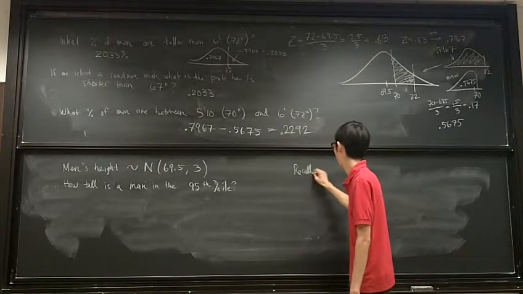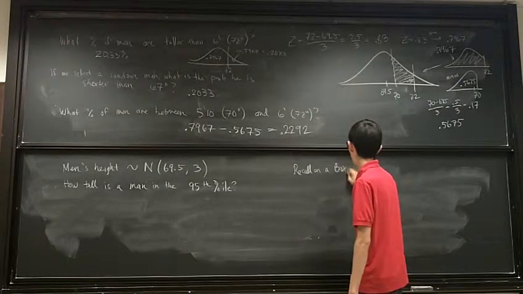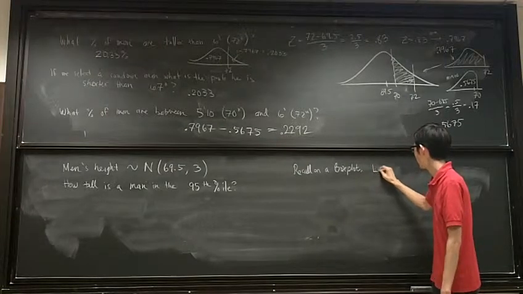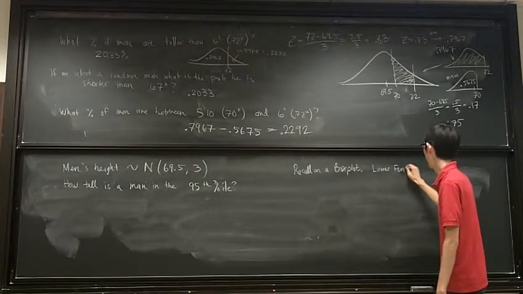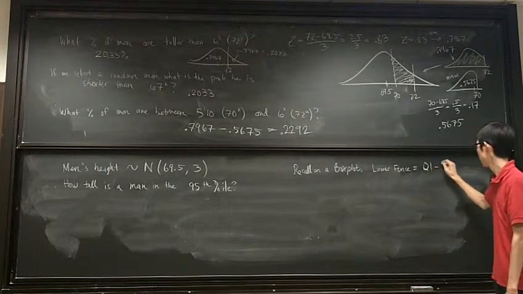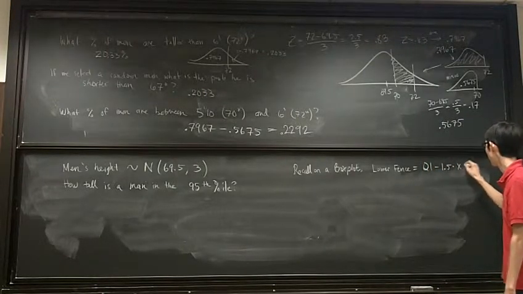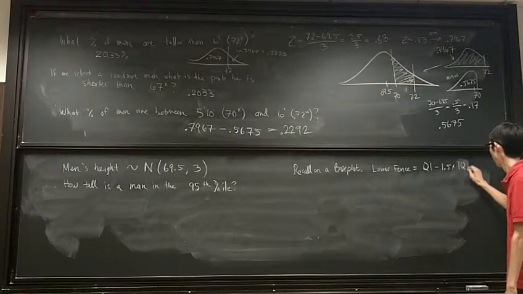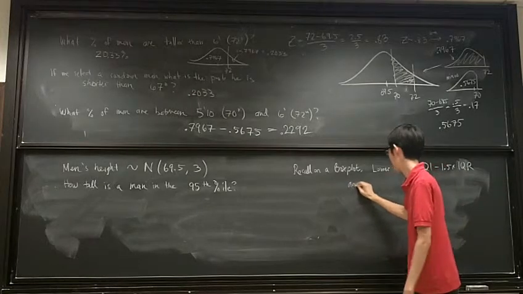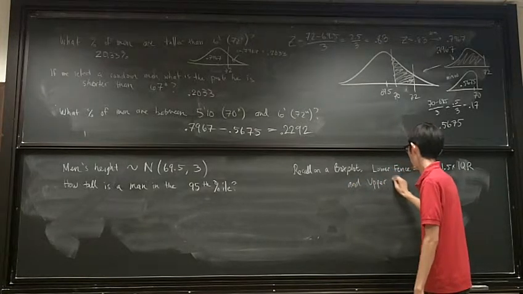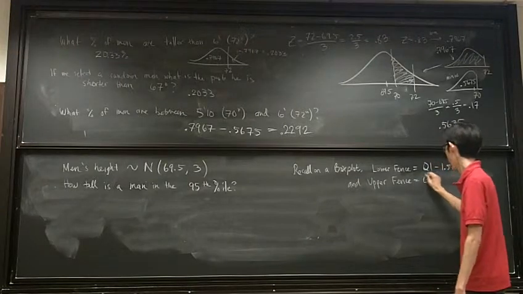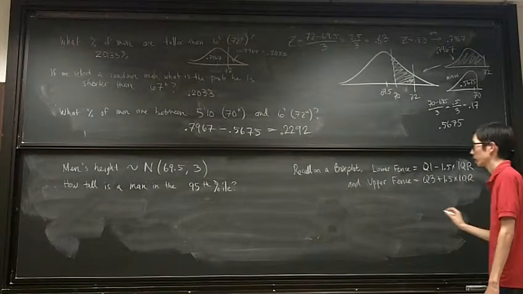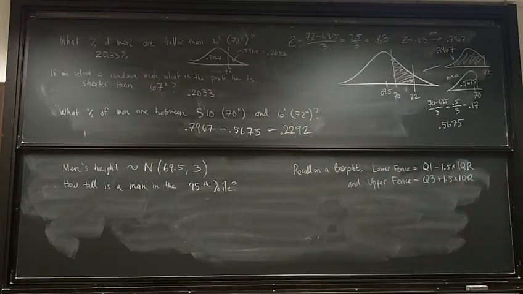Recall on a box plot, lower fence is equal to Q1 minus 1.5 times the IQR.